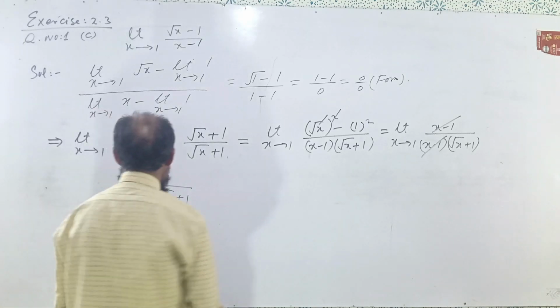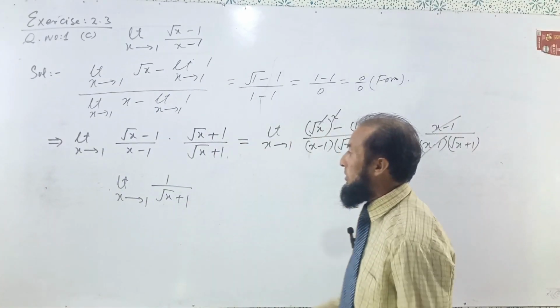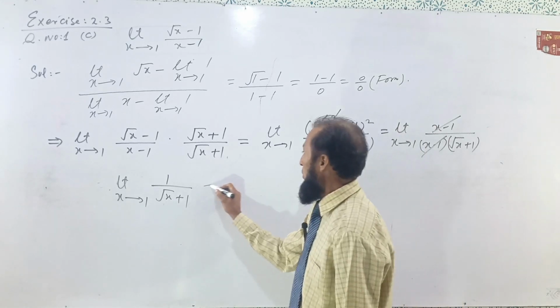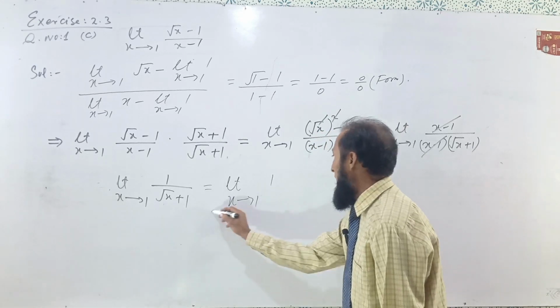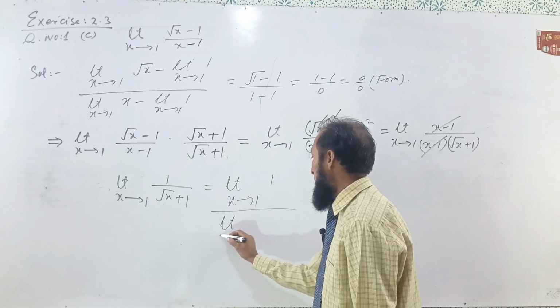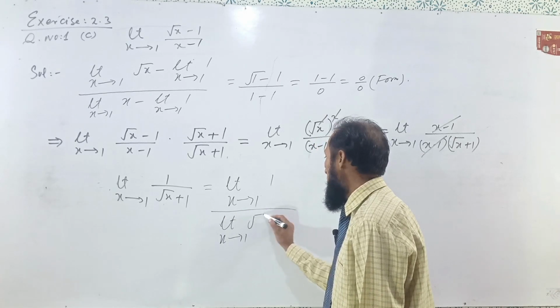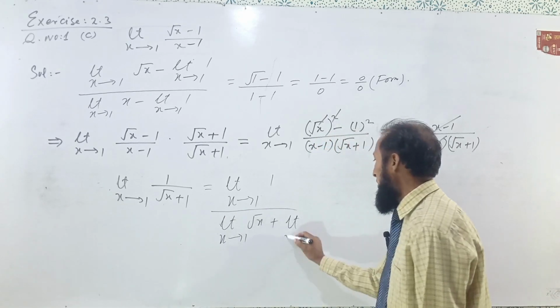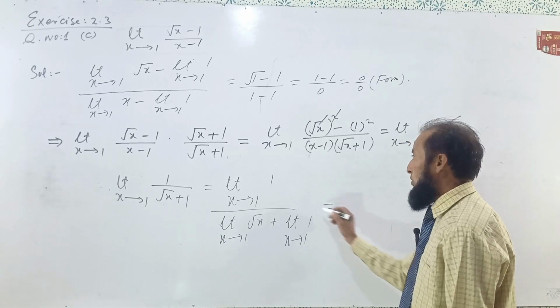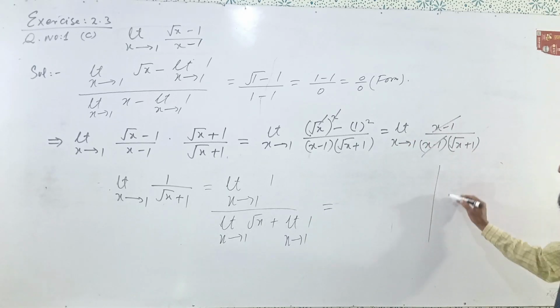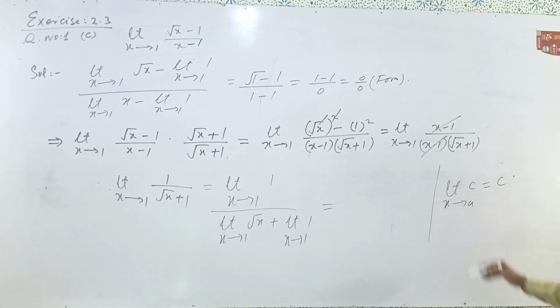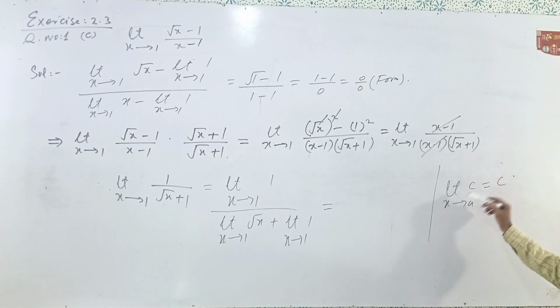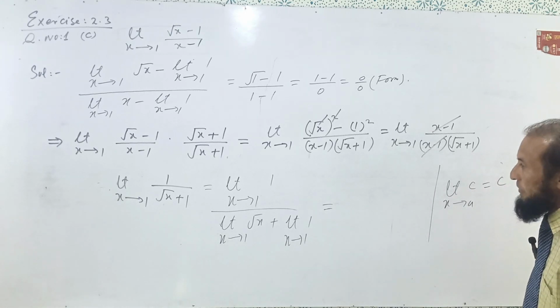Now limits are applied to the numerator and also the denominator term by term. So we can write limit x tends to 1 of 1, divided by limit x tends to 1 of square root of x plus limit x tends to 1 of 1. This is the constant rule: limit x tends to a of c is equal to c, because in this function x is not available, so we write c.